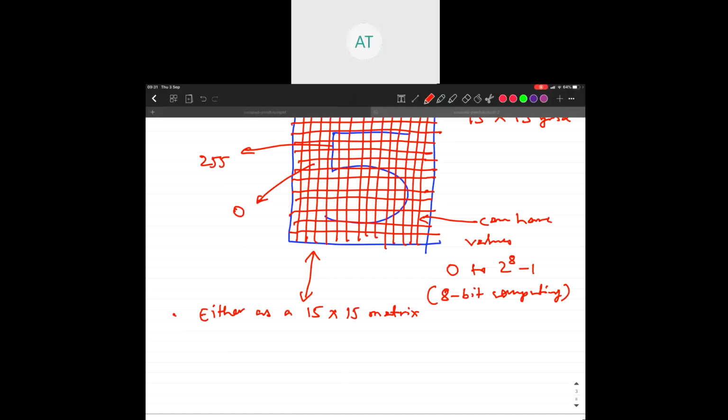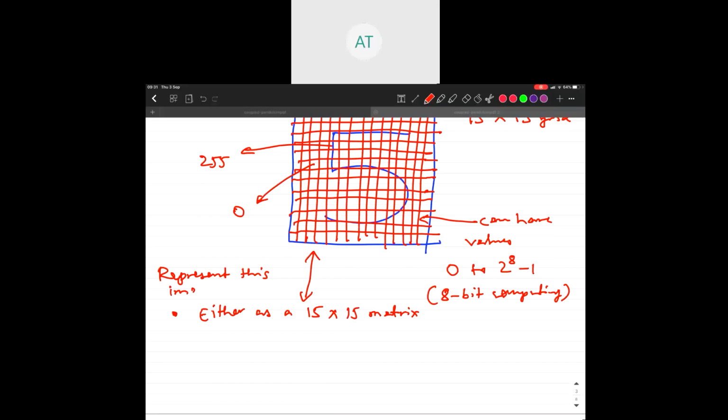So you can represent this image either as a 15 by 15 matrix, or you could have represented it as a 225 dimensional vector. 15 cross 15 is 225.